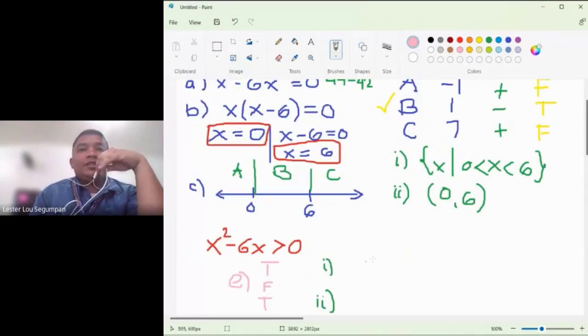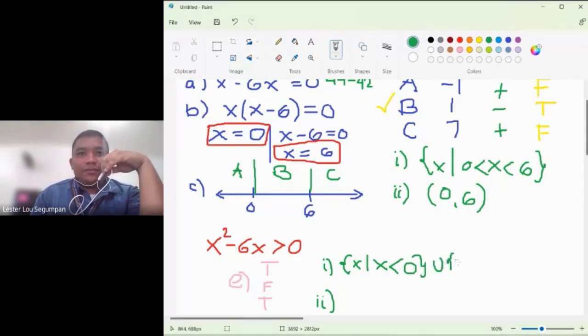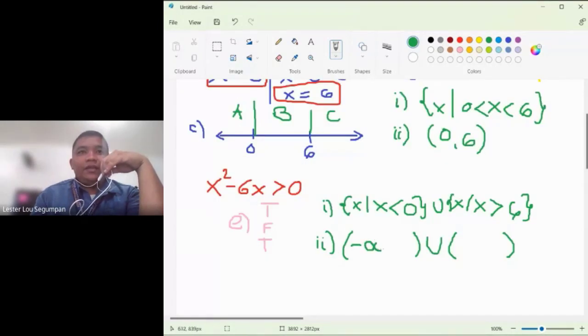It would look like x such that x is less than 0 or greater than 6, so negative infinity to 0.